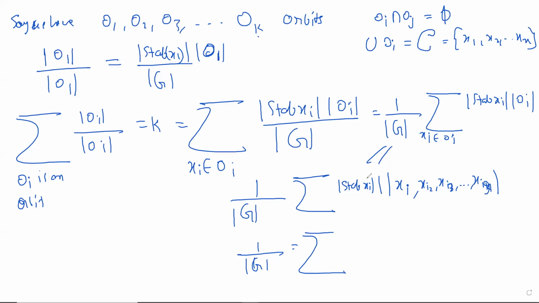Here we have the sizes. It's not exactly the motion, but my point is that xi has this as the stabilizer. These many elements fix xi. xi2, which is in the same orbit, will also get fixed by this many things, but not these things.